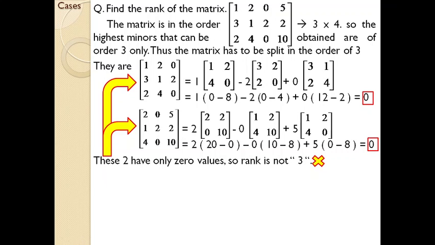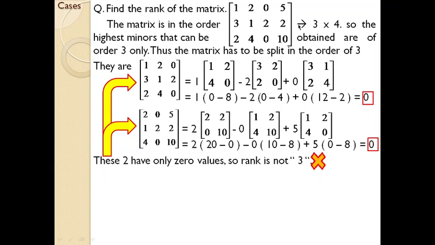Next smallest rank means if it is 3, next you have to try 2. 2 means the matrix has to be in the order of 2. So you need to split this matrix into different matrices in the order of 2. 2 means 2 rows, 2 columns.